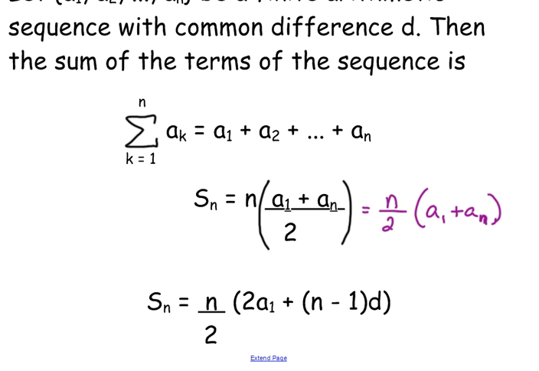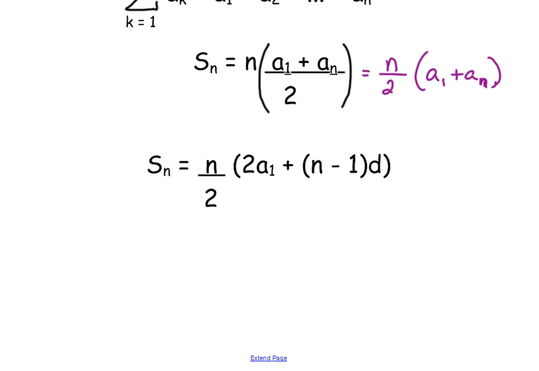Or, if we don't know the last term, but we do know how many terms we have, and we know the first term, then we could also use this formula. But all this formula is doing is taking into consideration how to calculate the last term, okay? Because if we rewrote A sub n, remember the formula from yesterday or the day before, A sub n equals A sub 1 plus n minus 1 times d.